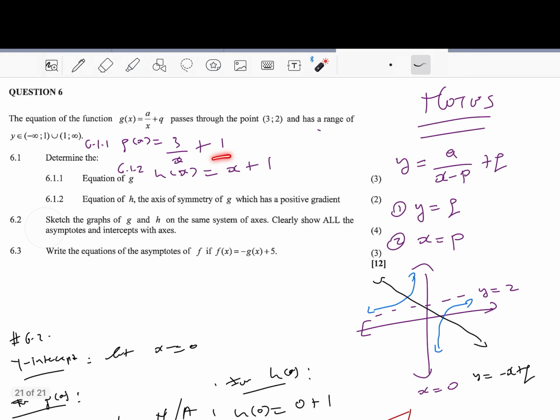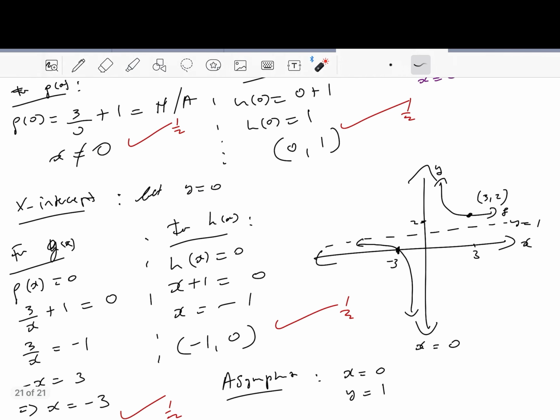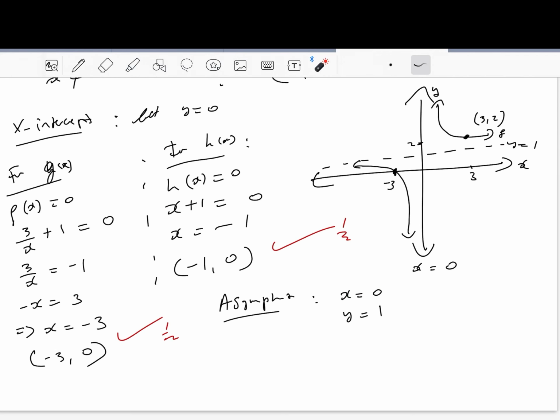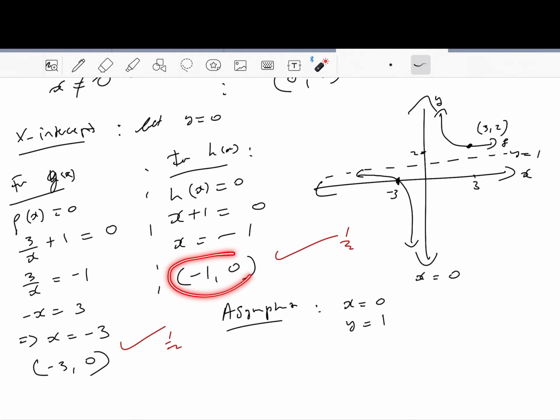But we've discovered that h of x is this equation, and we know the x-intercept of h of x. What is the x-intercept? It's -1. So this graph touches -1 there, meaning it's going to go all the way and cut this over here.